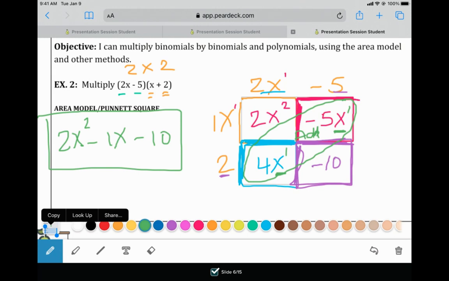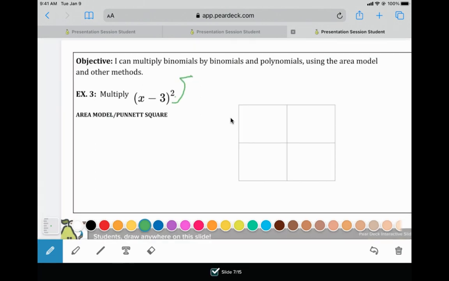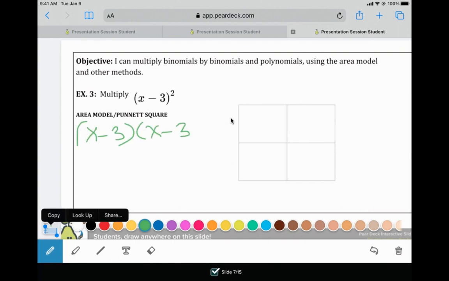Okay, we're going to do one more example. And then you let me know if you are ready for practice or you want me to do more examples. Then we'll talk more about that. So when you run into something like this, it's (x minus 3) to the second power. This is the same as (x minus 3) two times.